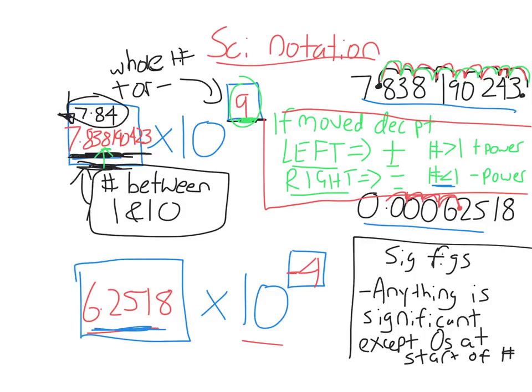If we look at the second number here, it's got 5 significant figures, these 5 digits here. All the zeros at the start of a number do not count as significant. Similarly, when I write it in scientific notation, it has 1, 2, 3, 4, 5 significant figures.